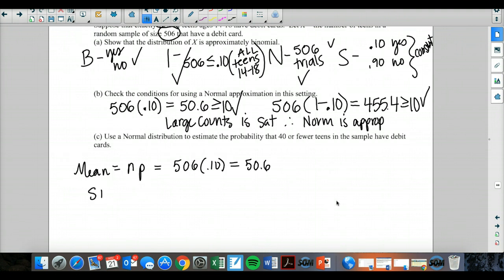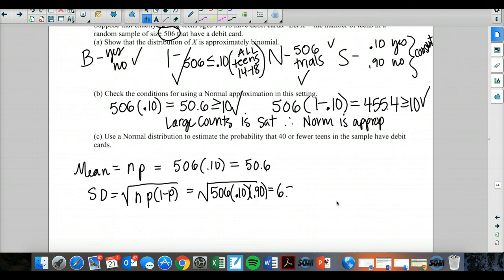And the standard deviation is the square root of n times p times 1 minus p. So that is the square root of 506 times 0.10 times 0.90. And I'm going to square root that. So that's 6.75.